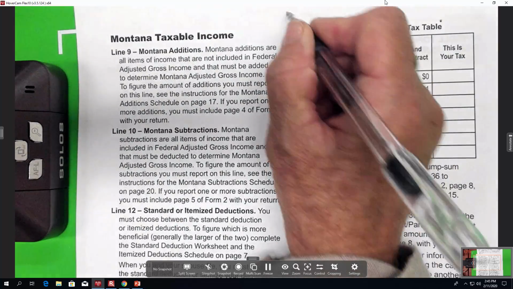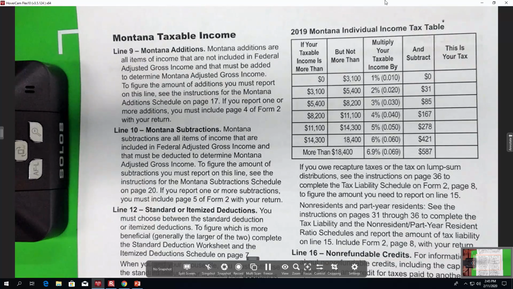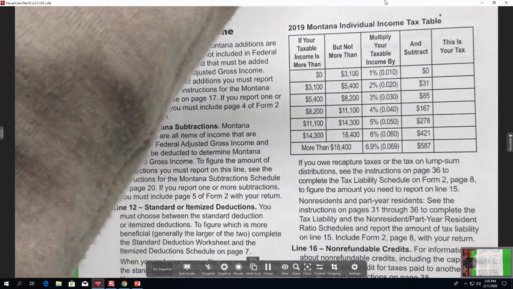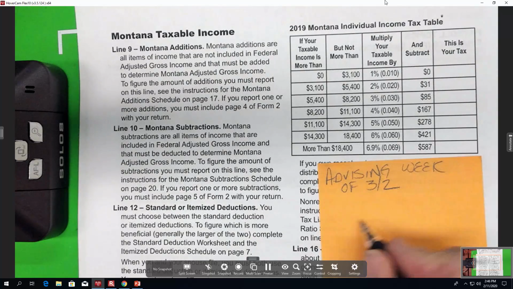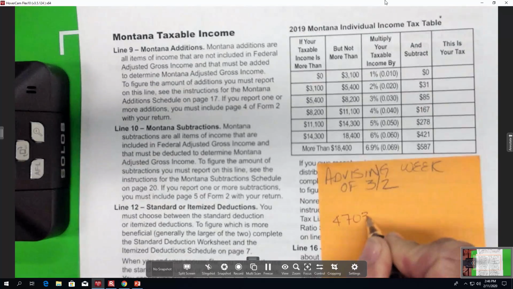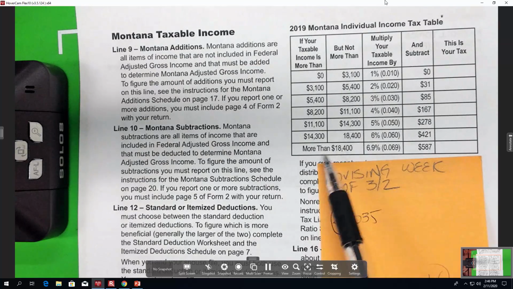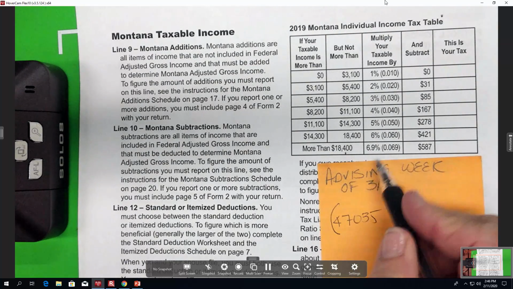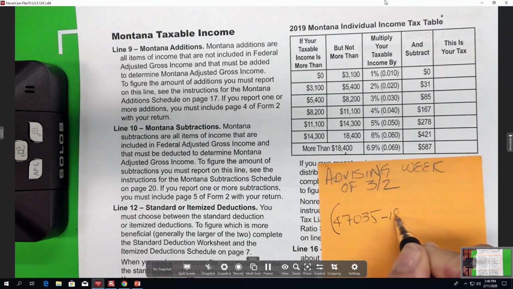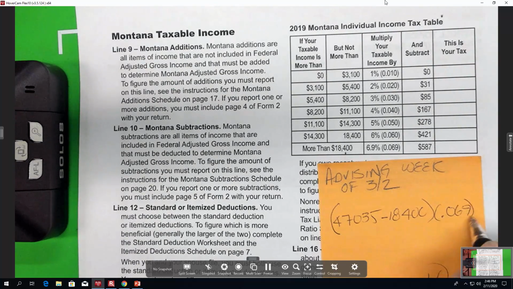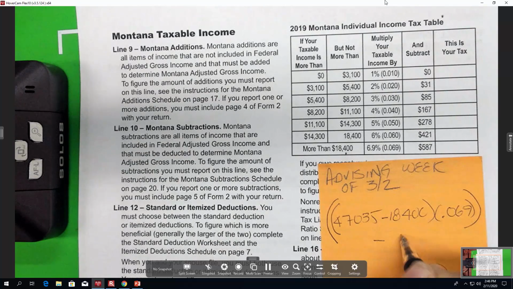How much is her TI? 47,035. It says if your taxable income is more than 18.4, then you've got to pay 6.9%, and then subtract from the whole thing $587, right?